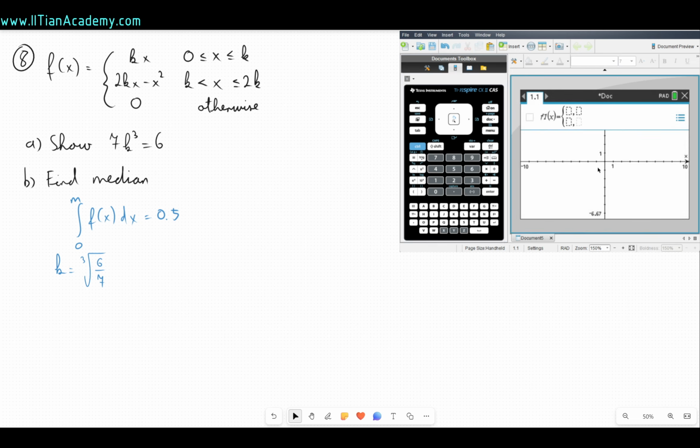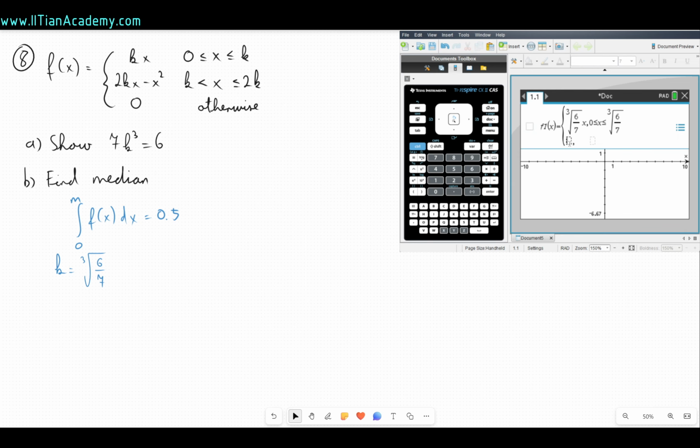So we can plot piecewise functions here actually. If we plot this, we can see visually where 0.5 has to be. The first part applies when x is smaller than k.